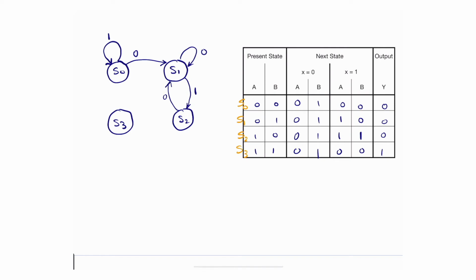This is 0. Or if the input is 1, you go to state number 3. Now I have the final state in here, which is state 3. It's telling me the next state will be state number 1, which is this one here, if the input is 0. Or you can think about it like the next state will be 0 if the input is 1. So you can just do this in here.